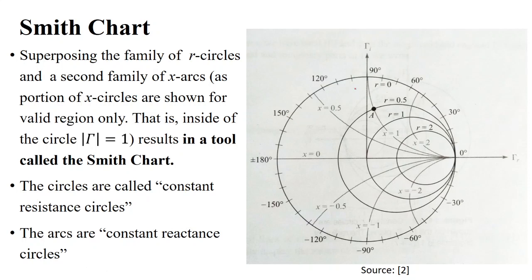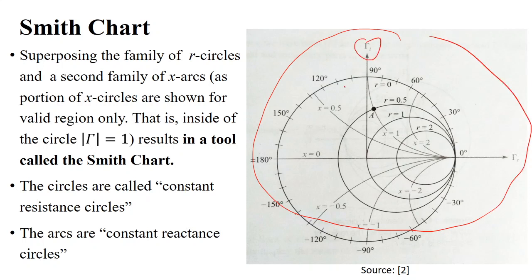In the Smith chart, the plane is the reflection coefficient plane. You have this one, and now we can directly show the normalized load on this chart. We can just use the R circles for a fixed value of the normalized resistive component, and the second family of X arcs.